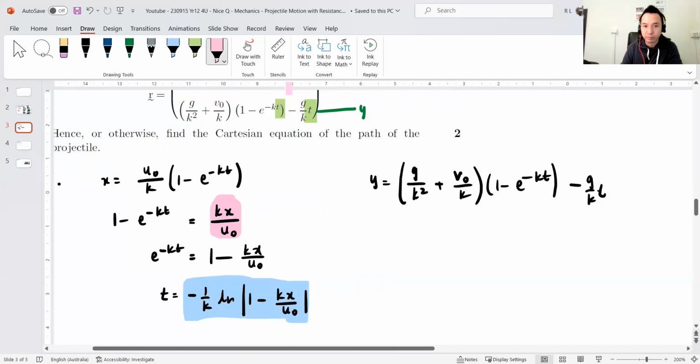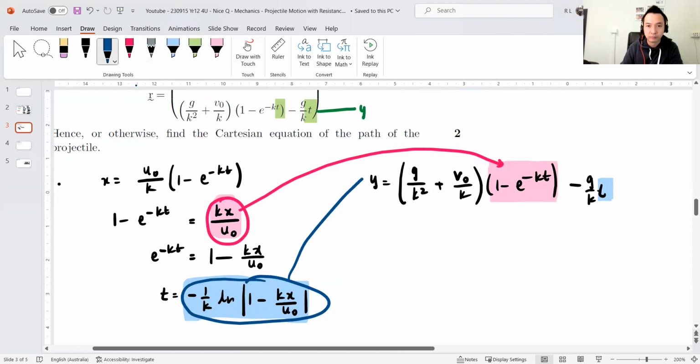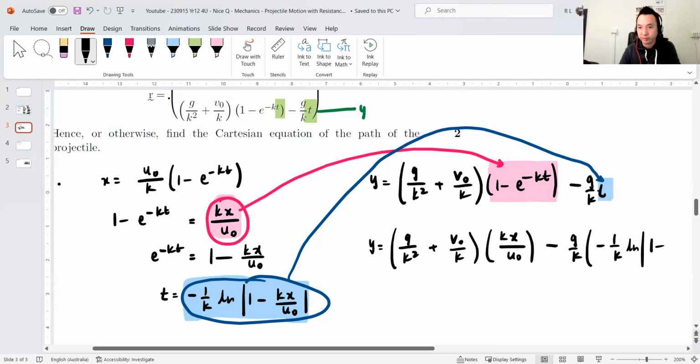So the game plan is replace the pink here, so sub this guy into here, and then replace the blue here into there, and you go therefore y equals g on k squared plus v0 on k times kx on u0 minus g on k times minus 1 on k ln 1 minus kx on u0.